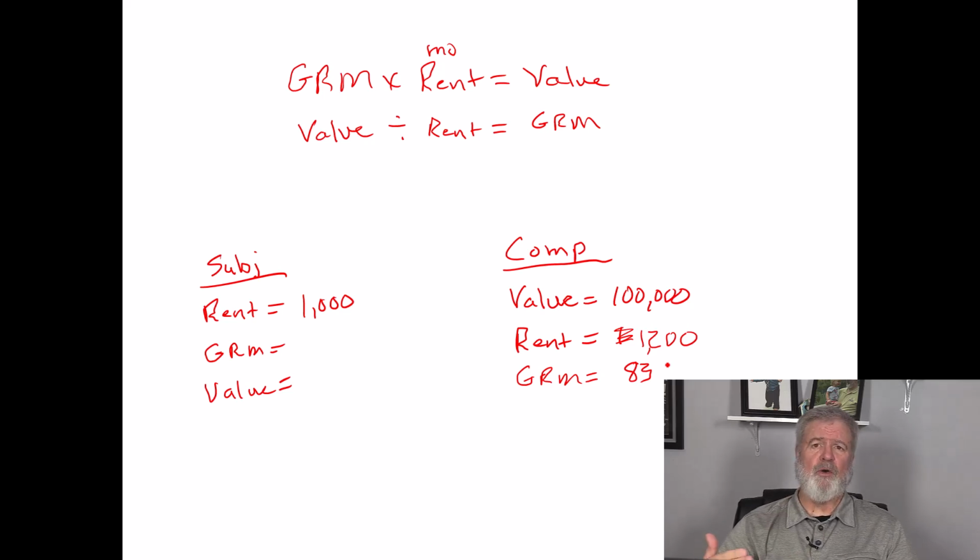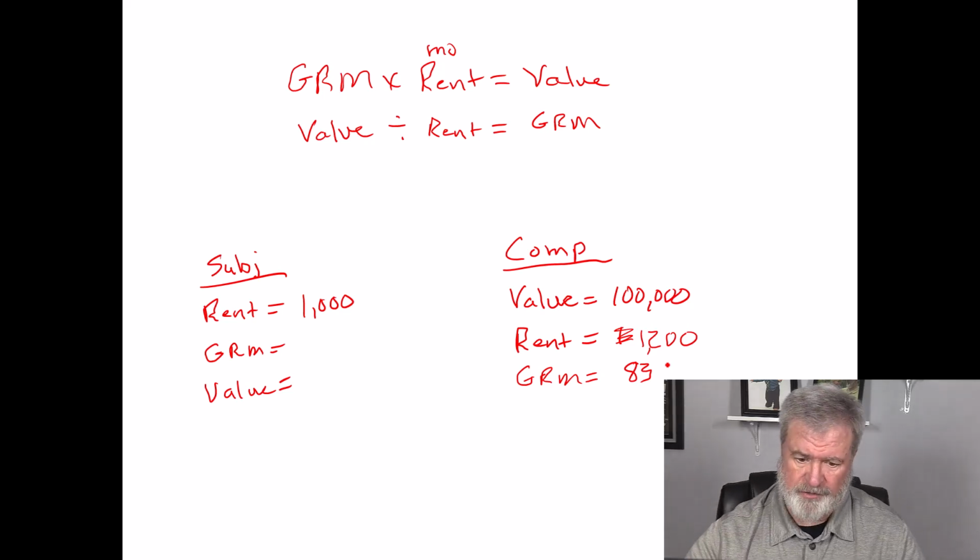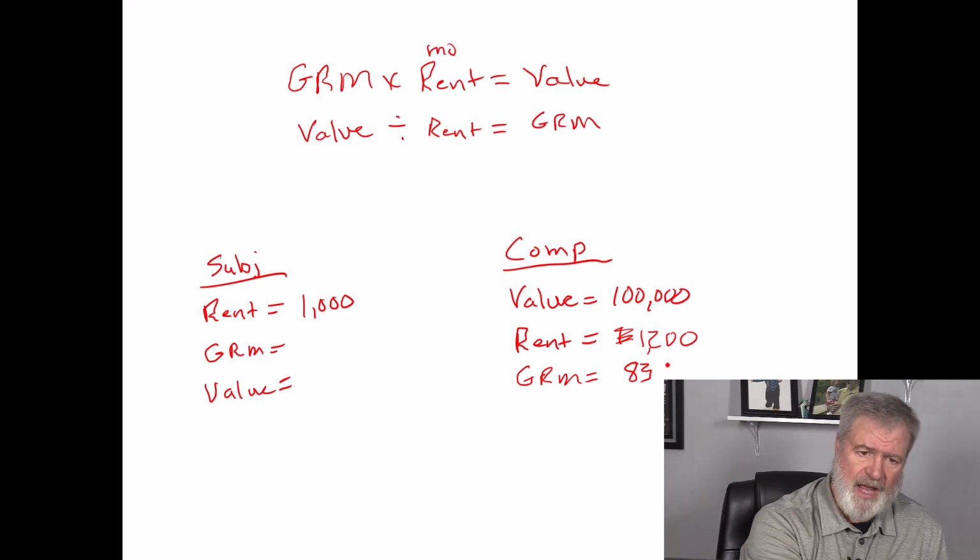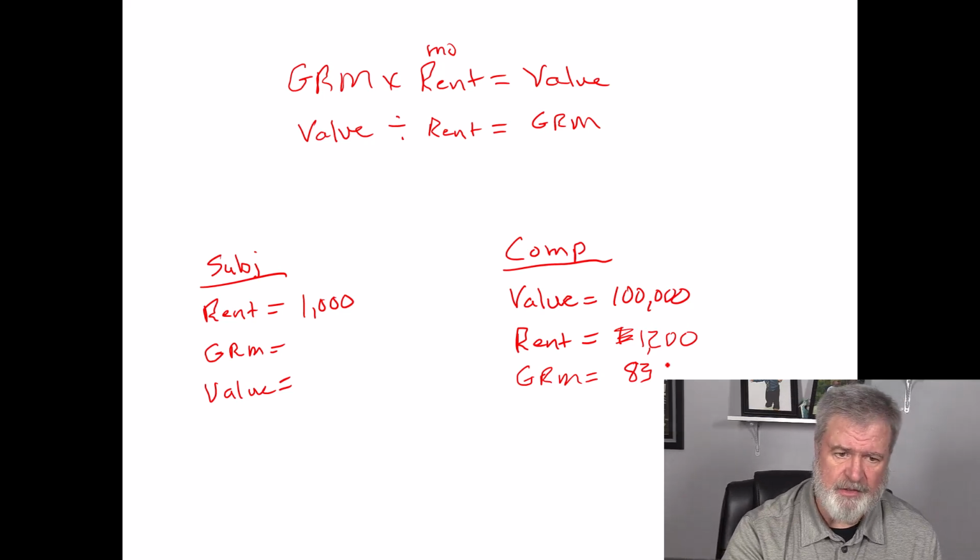But it might tell you to round it to 2 decimal places or 1 decimal place. If they say round it to 1 decimal place, then it's going to be 83.3, right? So just do that part based on whatever it tells you to do in the question. So now I know my gross rent multiplier is 83.